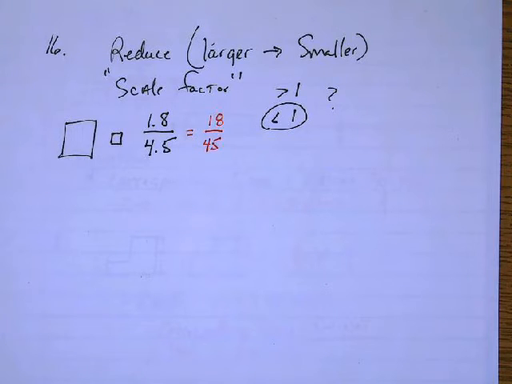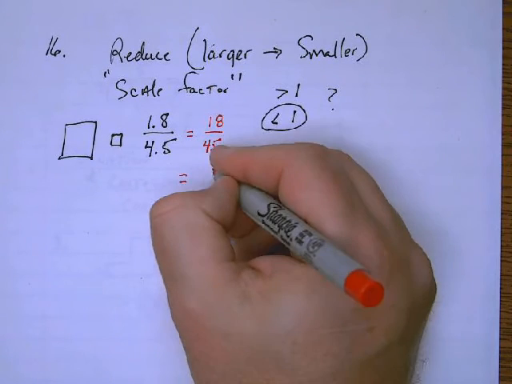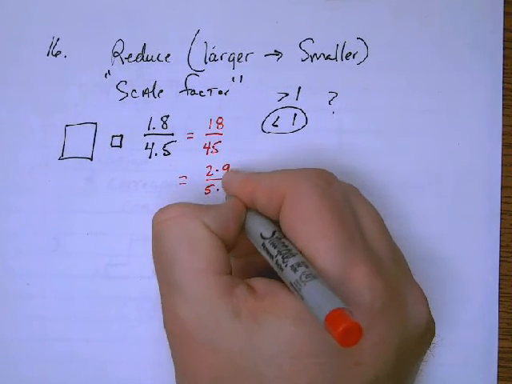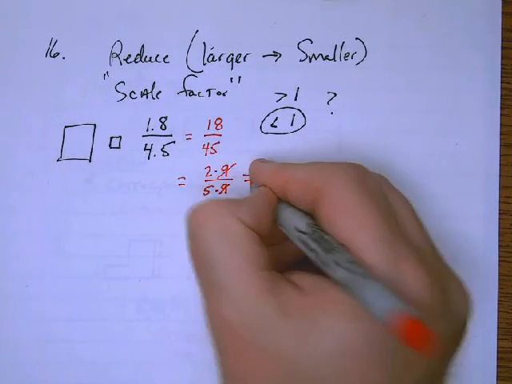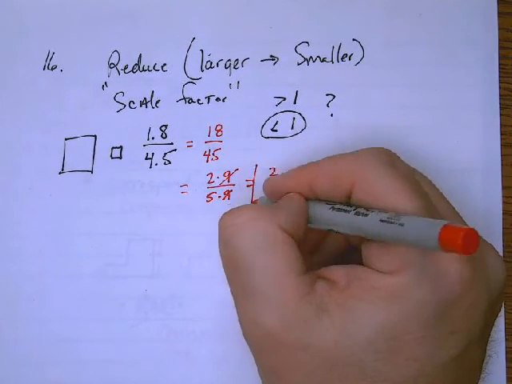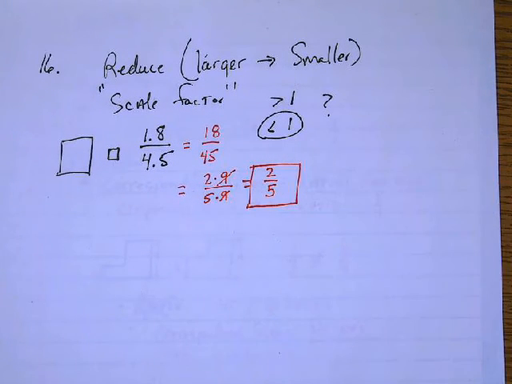Now I need common factors of 18 and common factors of 45. They are 9. And so this would be 2 times 9 and 5 times 9. The 9s reduce. That's why I'm doing that. And I end up with a scale factor, the ratio, of 2/5.